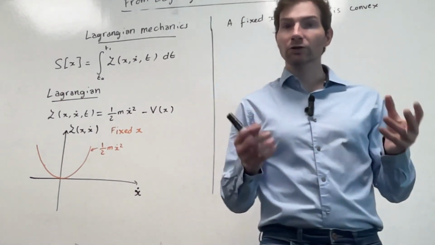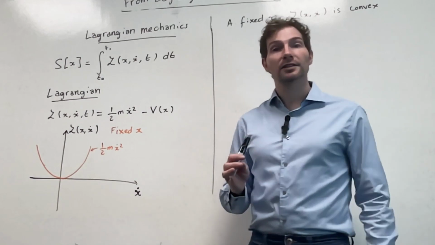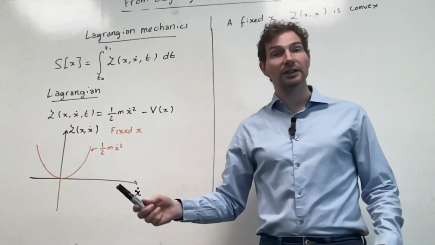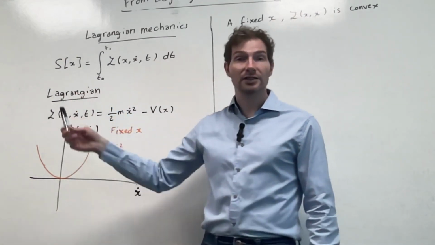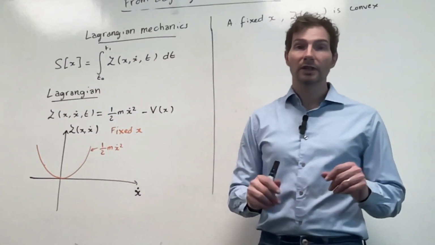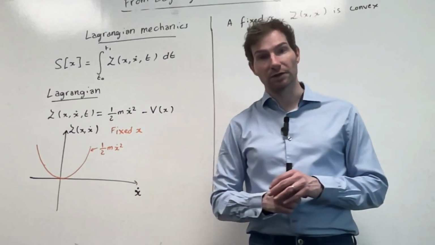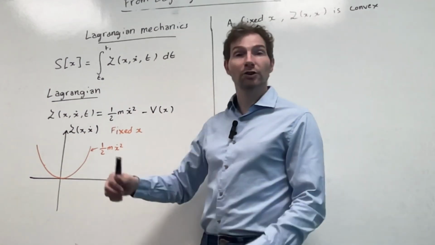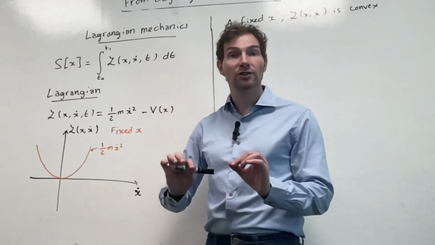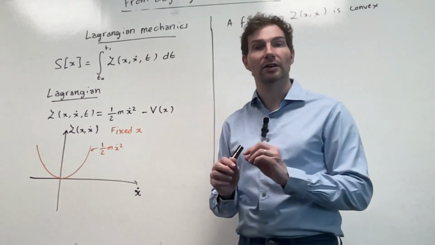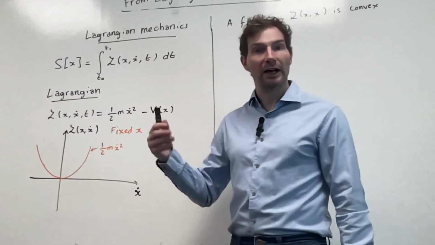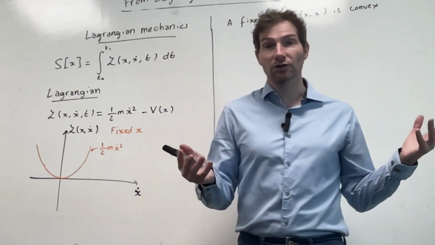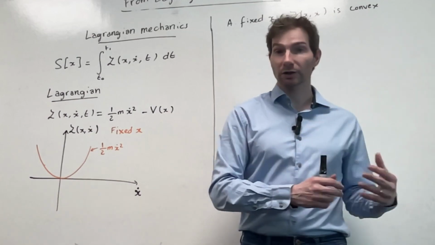Traditionally, the goal of Lagrangian mechanics is to say that if you try to find the function x of t that makes S minimum, the so-called minimum action principle, or least action principle, then the equations satisfied by this particular extremum solution, x of t, are going to be the equations of motion you would have from Newtonian mechanics.